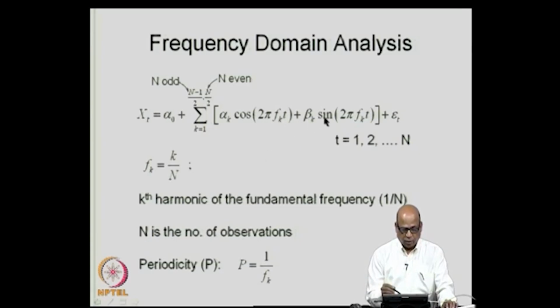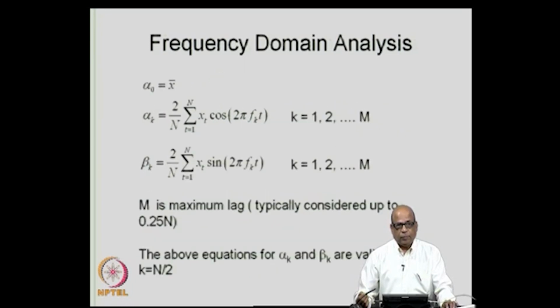For beta k, we have an expression, I will just present it; again f k is known, t is known, and epsilon t is a random component. The periodicity when we write x t in this form is simply 1 by f k. So, f k is the frequency, obviously periodicity will be 1 by frequency.